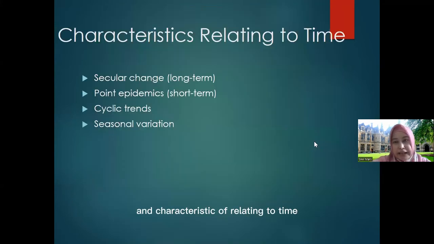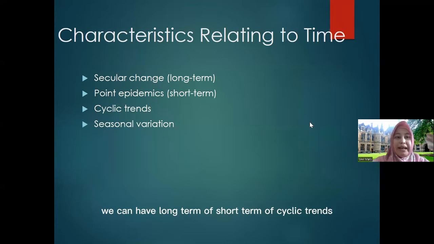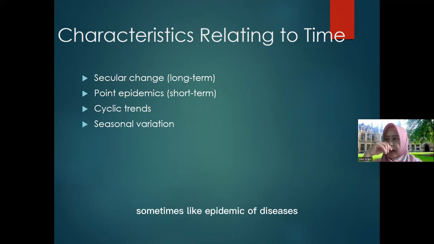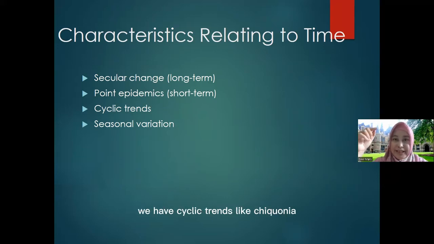And the characteristics relating to time can be long-term, short-term, or cyclic trends. Sometimes, like epidemics of disease, we have cyclic trends. Like chikungunya in Indonesia, for example, we have a 5-year cyclic trend, maybe because of the climate and also the immunity of persons.